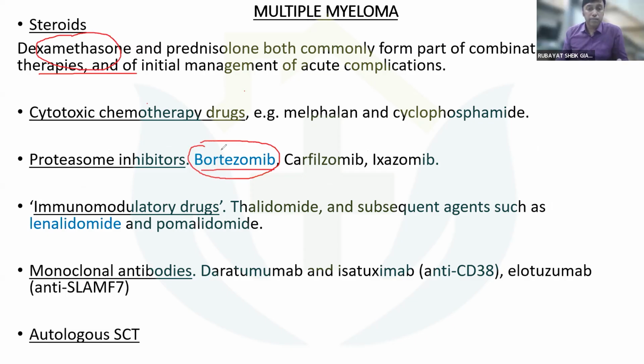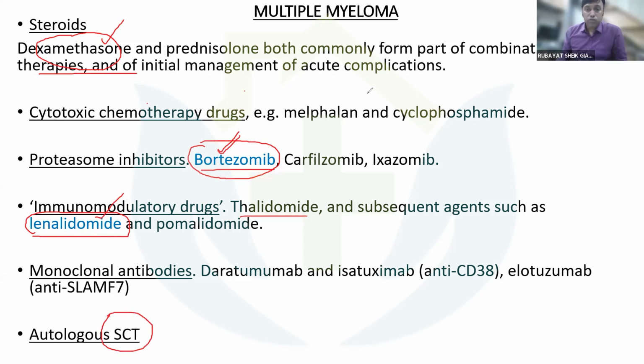For long-term therapy, this drug is used, and thalidomide derivatives. A long time back, thalidomide was used. Now, thalidomide derivatives, especially lenalidomide. These three drugs are the most commonly used drugs in multiple myeloma: dexamethasone, bortezomib, and lenalidomide. A combination of these three drugs produces better effects. And obviously bone marrow or stem cell transplantation.